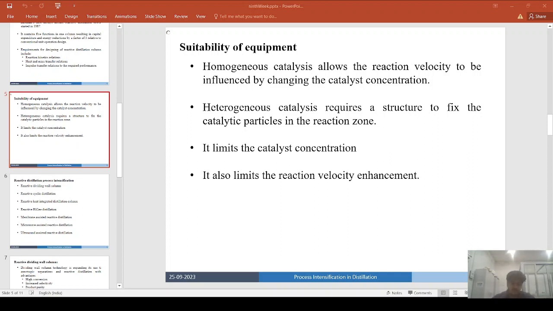So one way to enhance that reaction velocity is by utilizing higher temperature and pressure. But again, that is also limited if the catalyst consists of ion exchange particles.